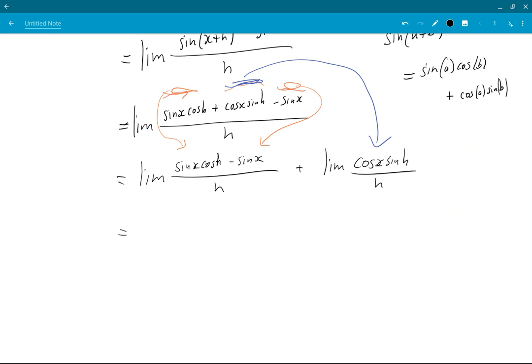And this is as h goes to 0, right? h goes to 0. So sine x can actually come out. It does not depend on h in any way, shape, or form.